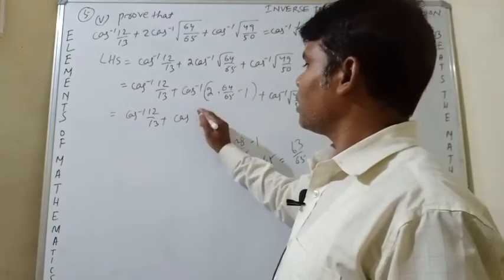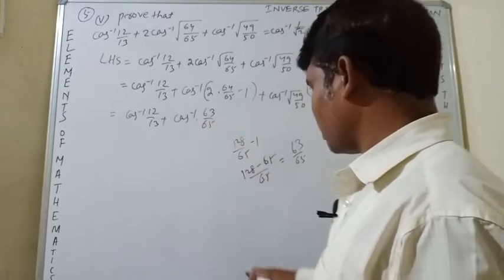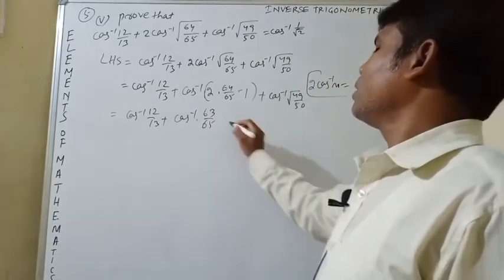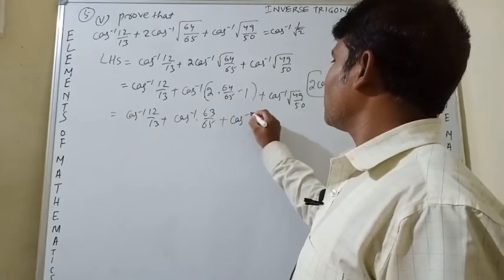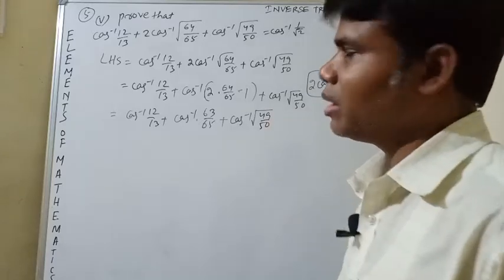So I can write here 63/65, okay, plus cos inverse root over 49 divided by 50.